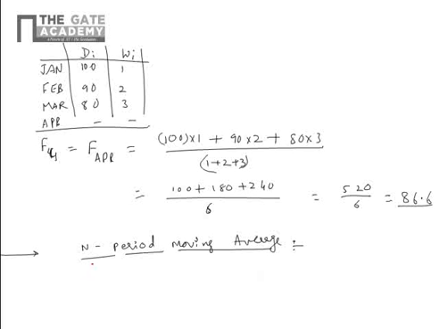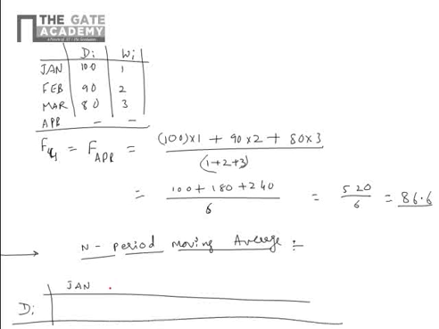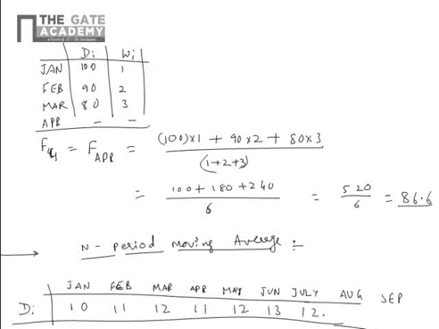Suppose you have data points, demand values for Jan, Feb, March, April, May, June, July, August, so 8 months: 10, 11, 12, 11, 12, 13, 12, 14. You need to forecast for September.